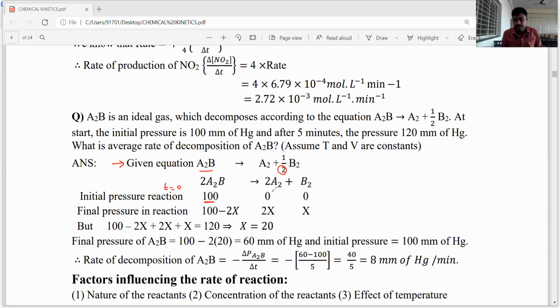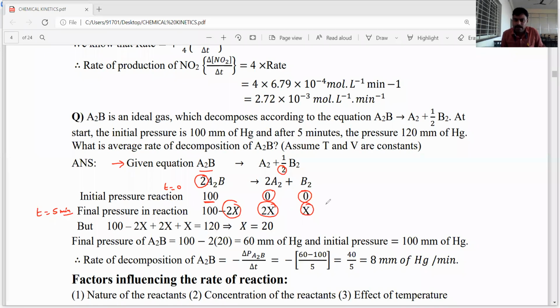At this time, the pressures of A2 and B2 are both 0. At the final time, at 5 minutes, the A2B pressure will decrease. Its stoichiometric coefficient is 2, so it decreases by 2x. Then 2x of A2 will form and x of B2 will form.